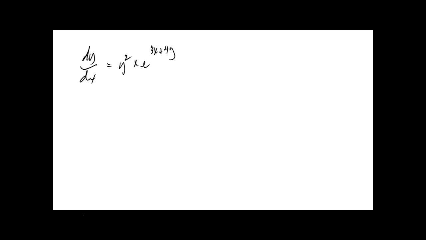Well, that's a rule of exponents. e to the 3x plus 4y is the same as e to the 3x times e to the 4y, right? Anytime you have the same base, with exponents multiplied together, keep the base, add the exponents. So this is exactly that.